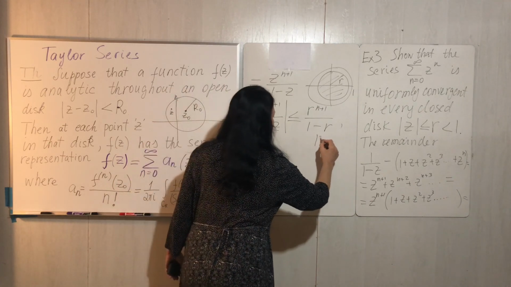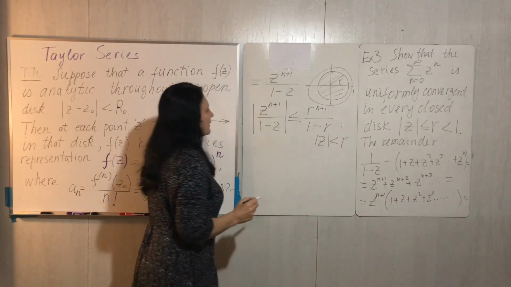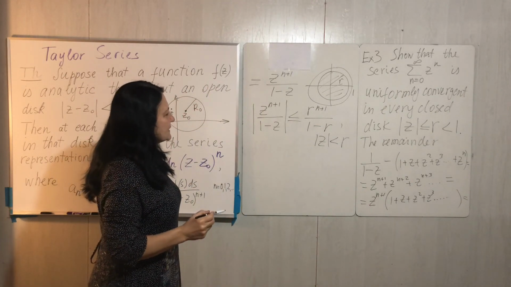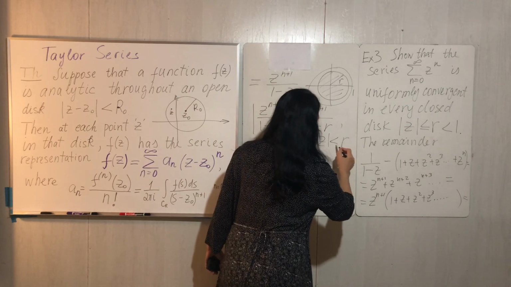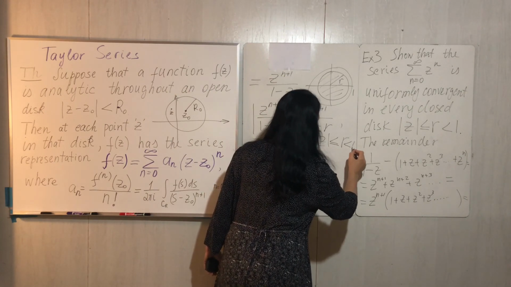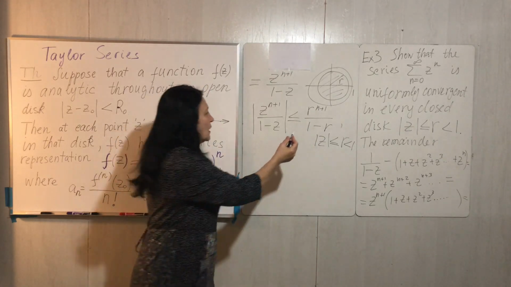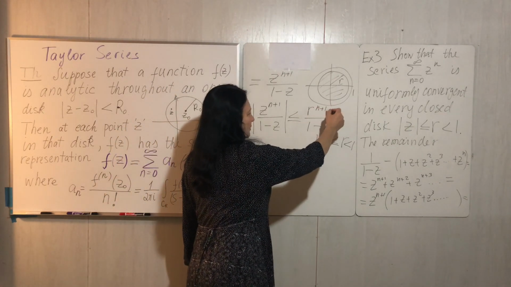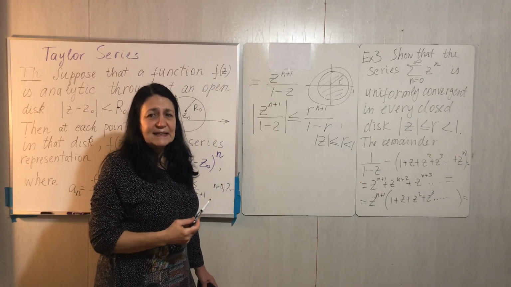Because the modulus of z is less than r, and r is less than 1. If we have a number which is less than 1 and we raise it to a big power, our number will be decreasing.